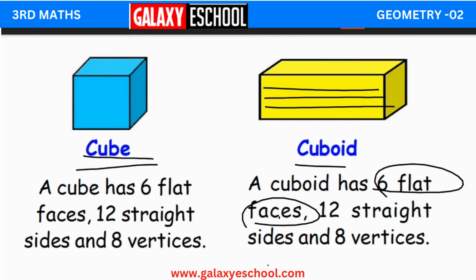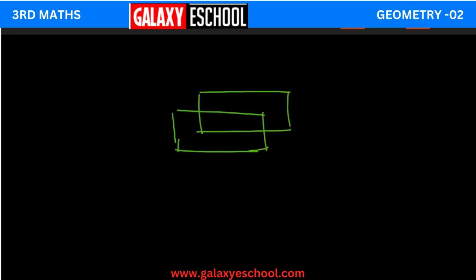Now coming to the sides and vertices, children, again I am drawing a cuboid. So let us count the number of lines. 1, 2, 3, 4, 5, 6, 7, 8, 9, 10, 11, 12. Even a cuboid is having 12 lines.